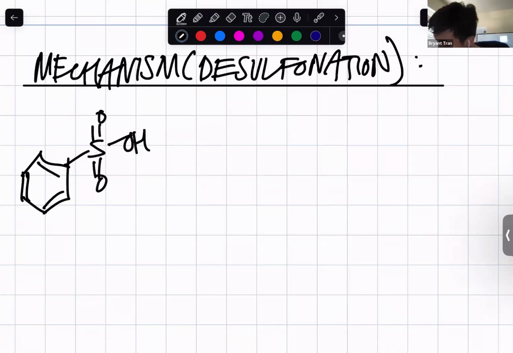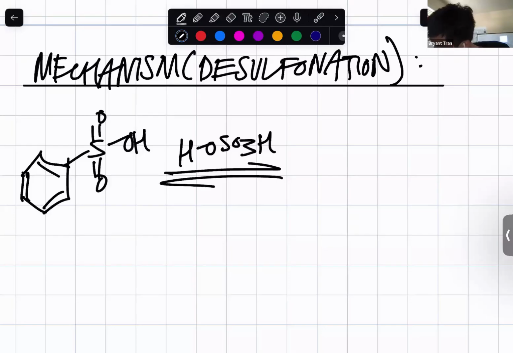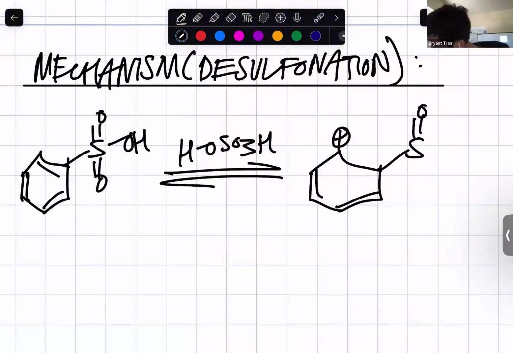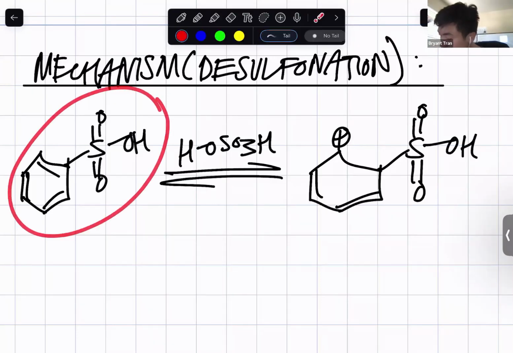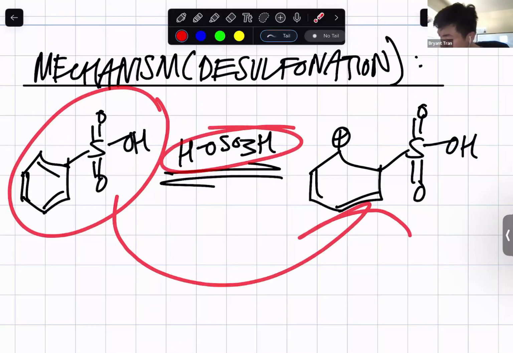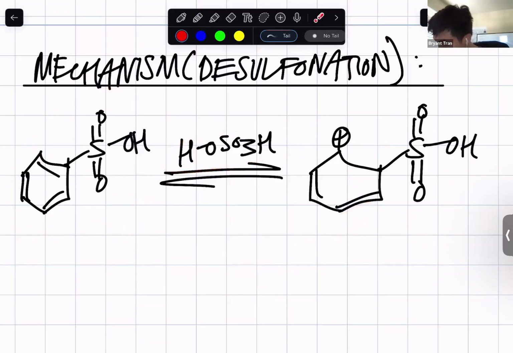And we are in acidic conditions here, so I'm gonna draw an acid right here. And I know that because we're going backwards, the next step is gonna have this structure right here. So we got to ask ourselves, how can we convert this structure into this structure given acidic conditions, right?